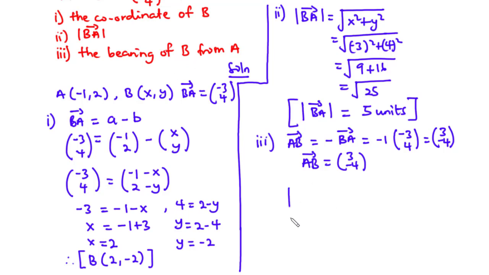Now let's draw the Cartesian plane. We have positive x, positive y, negative x, and then negative y. For this vector, we are going to move 3 units along the x-axis, and then we are also going to move 4 units along the negative y-axis. So we are going to move in this direction.